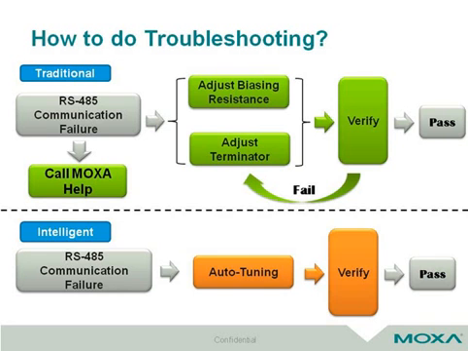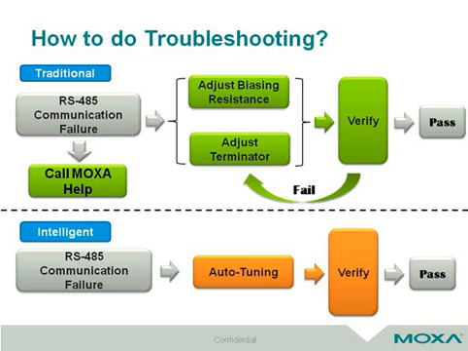Now, let's talk about troubleshooting when using true two-wire RS485. In the beginning, the customer needs to check the pin assignment and distance. But if there is no help after checking them, in addition to troubleshooting, the customer will call Moxa for further help, or they will adjust BIAS resistance and terminator by themselves manually.